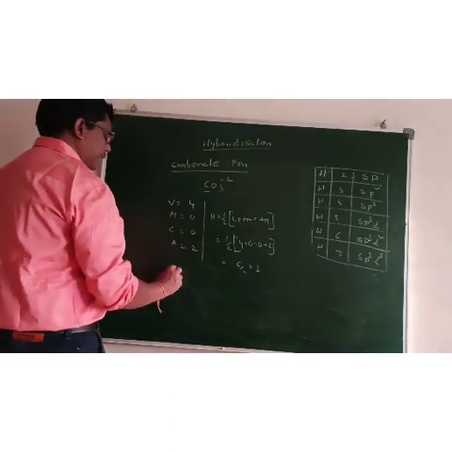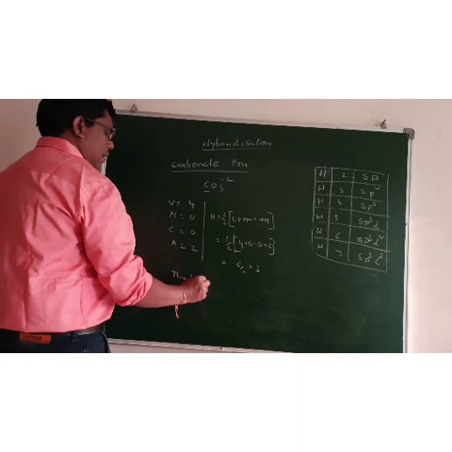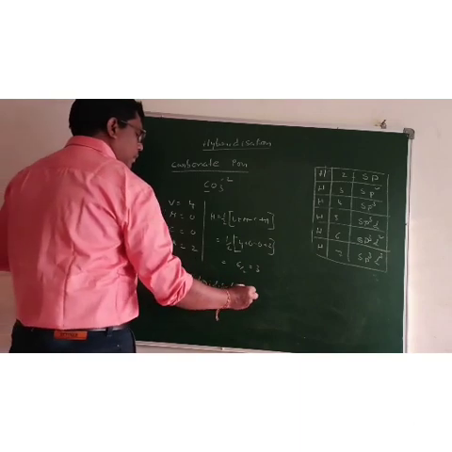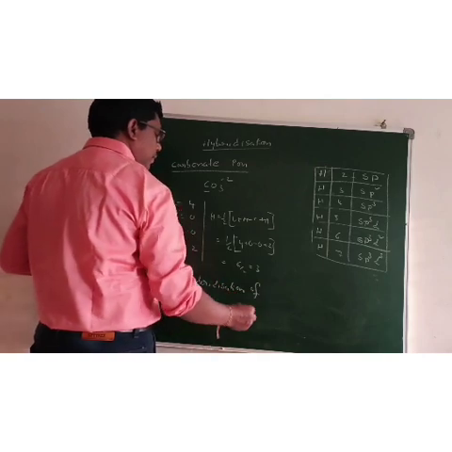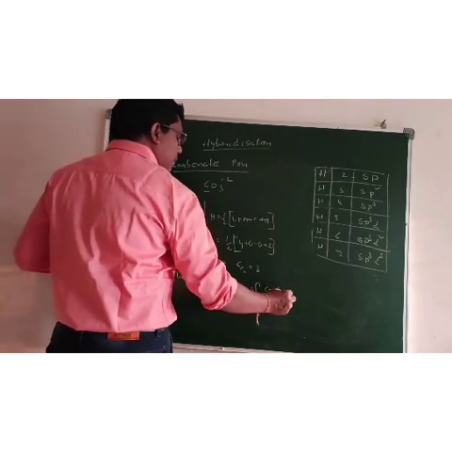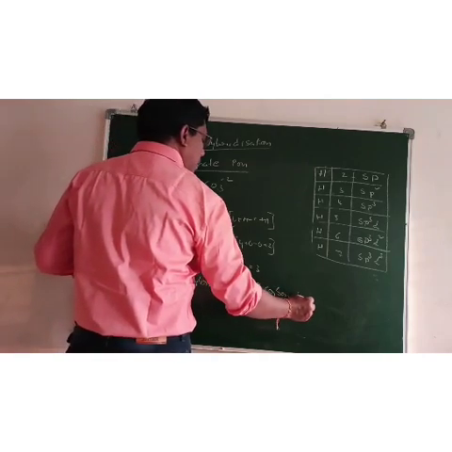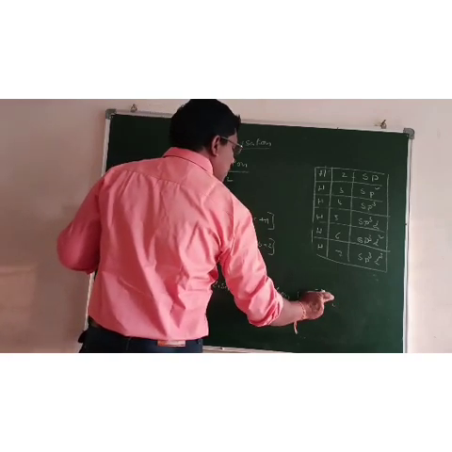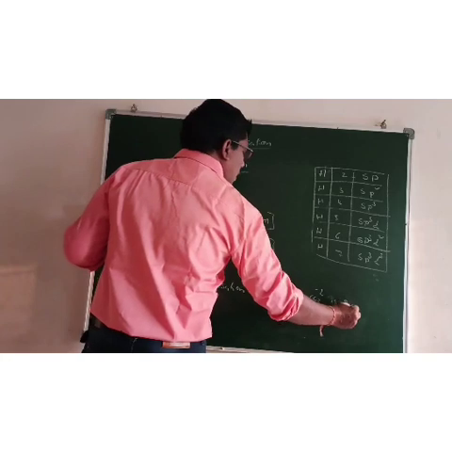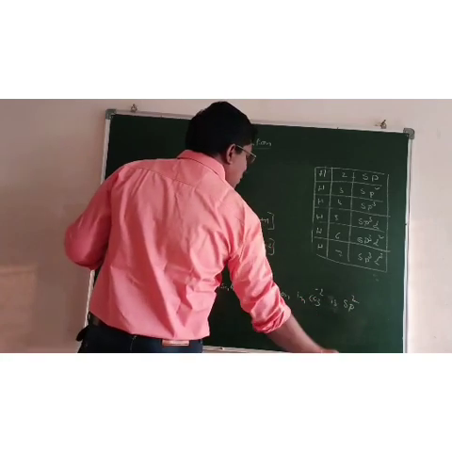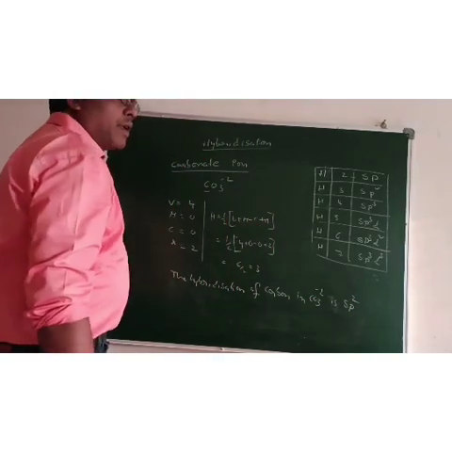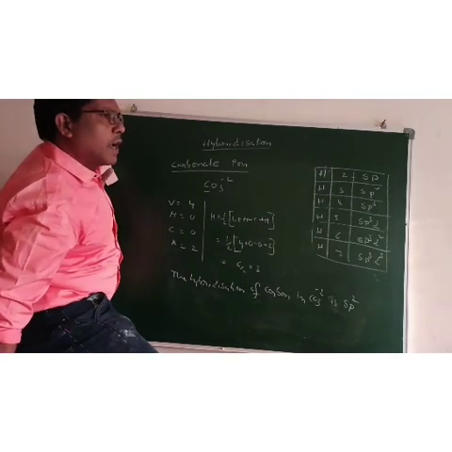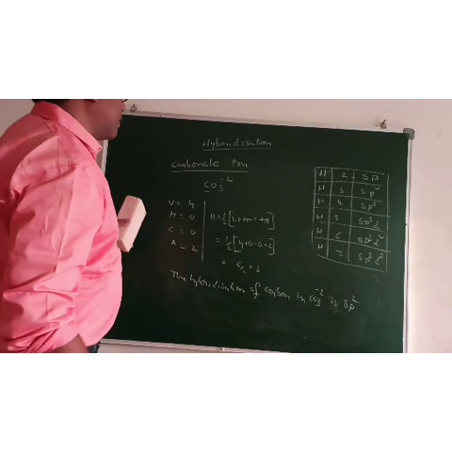Finally, the hybridization of carbon in CO3 minus 2 is sp2. Next we take another anion to calculate hybridization, that is the sulfate ion.